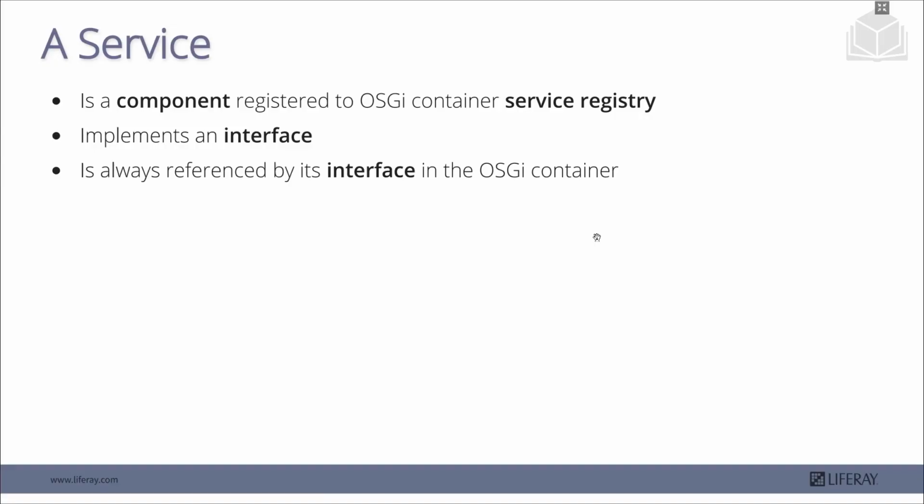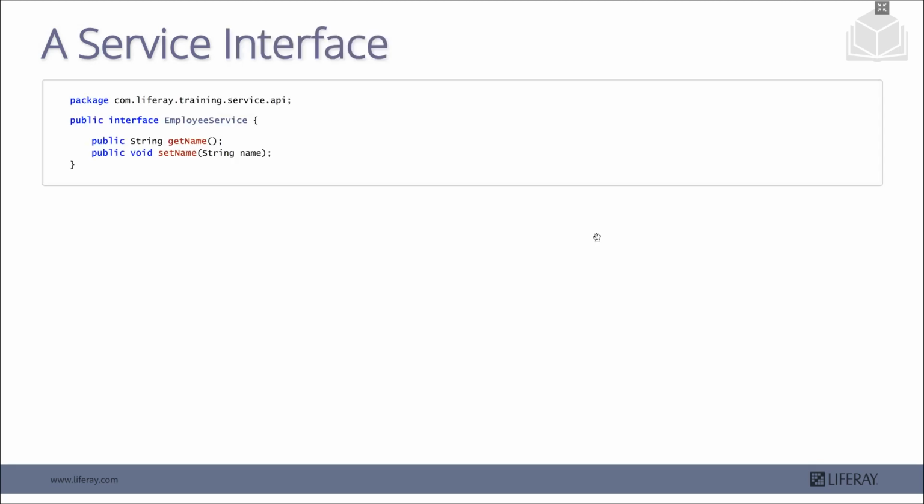A service typically is going to be implementing a specific interface, and it's always going to be referenced by its interface in the OSGI container. We'll take a look at what that looks like pretty soon when we take a look at more code.